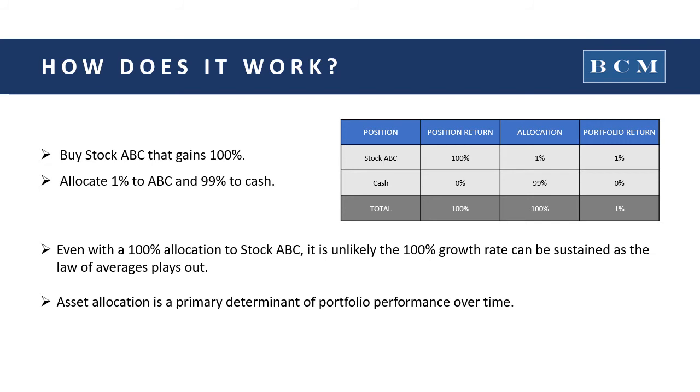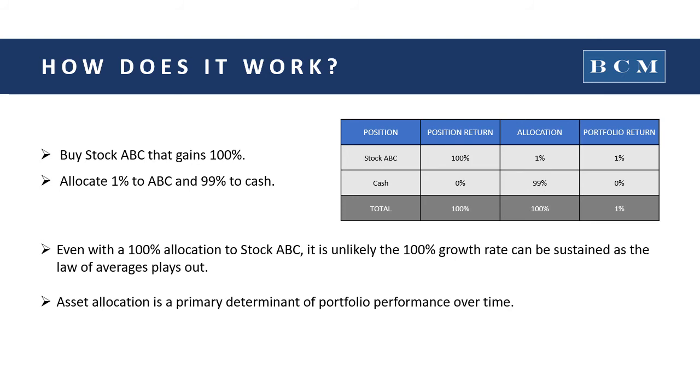Now, what are the chances that that next stock and the one after and the one after that, what are the chances that they will all go up 100% a year? I think you know where I'm going with this. Eventually, the law of averages will take over. The reality is I'll have some good picks, but I'll have some bad picks too. And in the end, my picks, they're all going to average out.